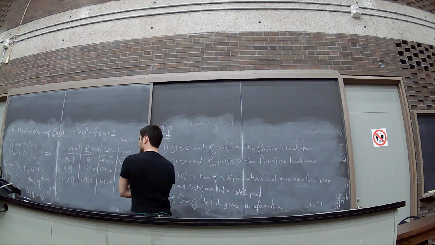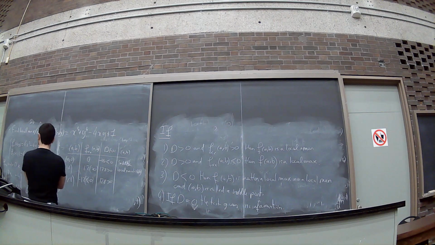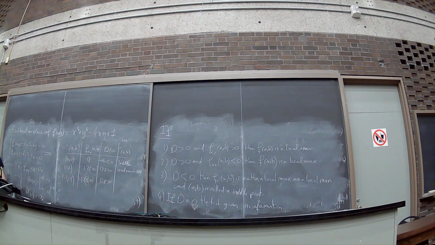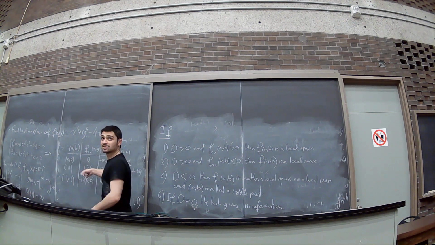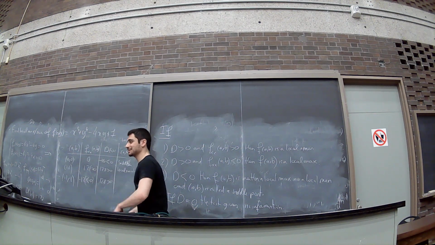What is fxx? It's 12x, so 12x is minus 12. Good, thank you very much. You see, this is a very big mistake. Luckily, it doesn't change the answer. It's 1 and minus 1.